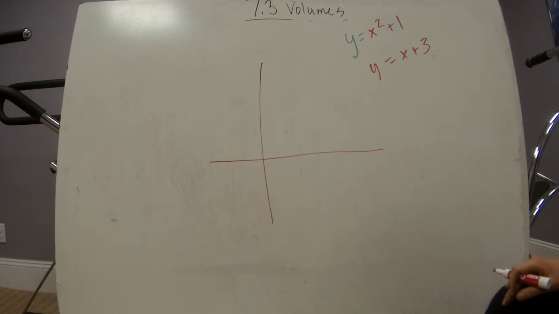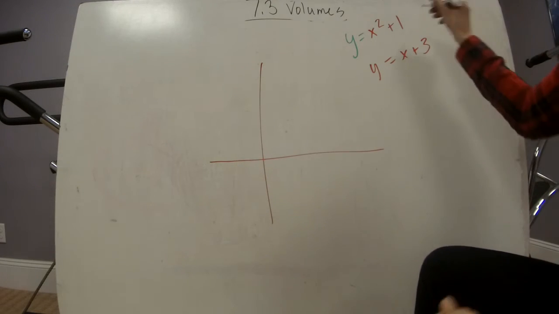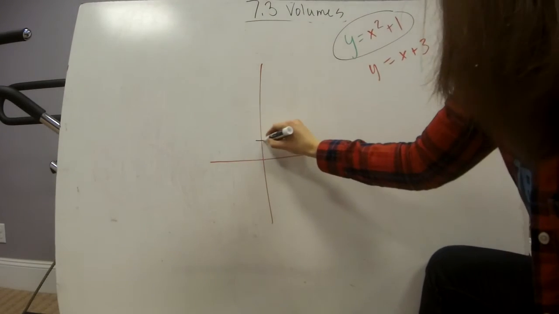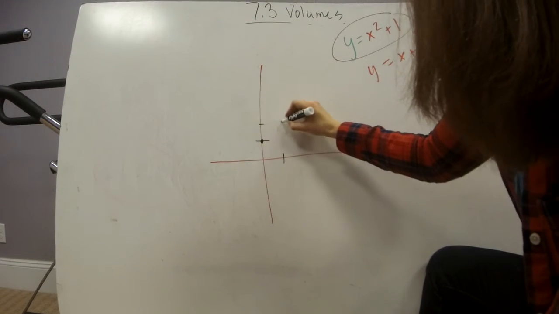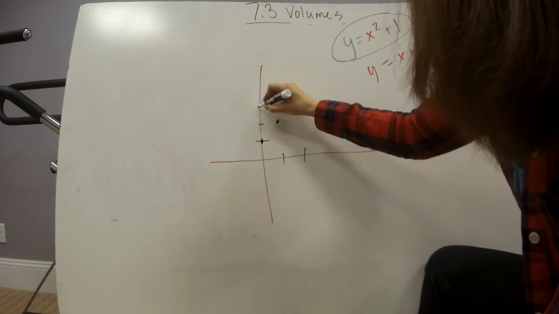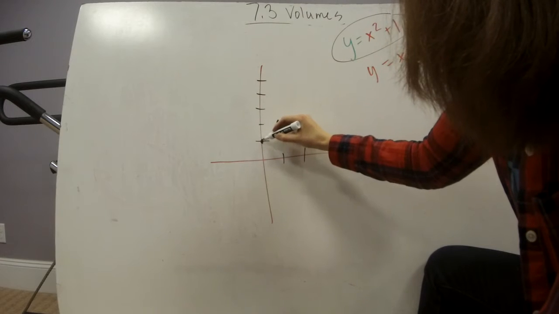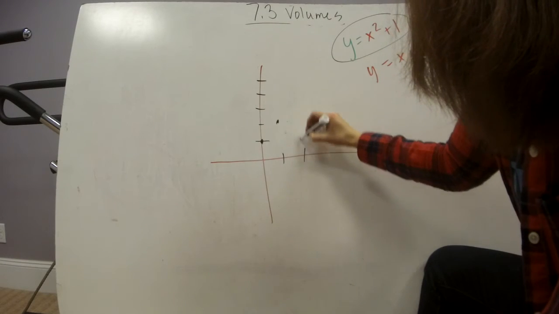So, and does it give us an interval? Nope. So I'm assuming these cut into each other somewhere. Let's find out. So this guy right here, I know is a parabola that starts up 1 and does the normal parabola thing. So 2, 4.